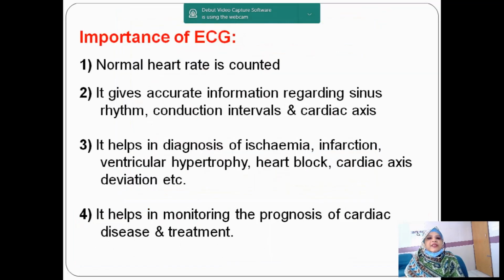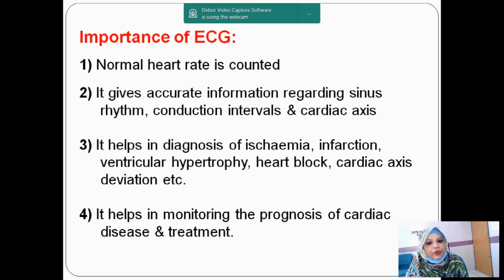Now this is a very important written question. Importance of ECG. First, we can count the normal heart rate by ECG paper. Number 2, it gives accurate information regarding sinus rhythm, conduction intervals and cardiac axis.